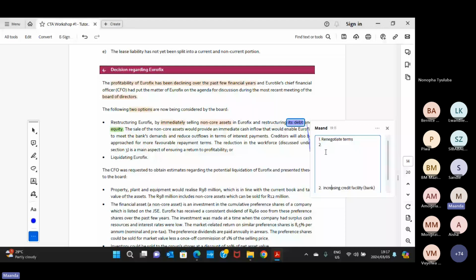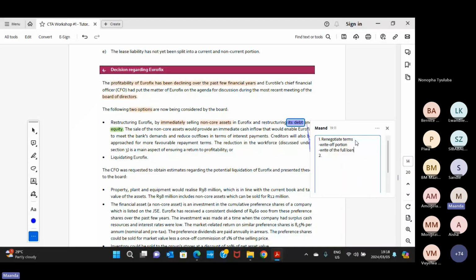Renegotiating the terms talks to a lot of things, right? So we can say we are going to write off a portion, or write off the full loan. Although this one is a hard one, I can come and say, I have creditors that I have had a relationship with for a very long time.